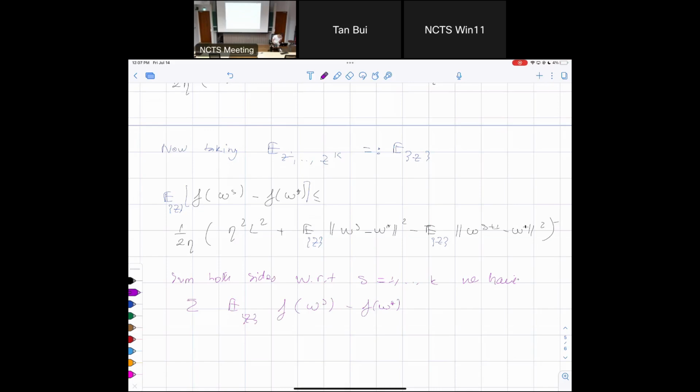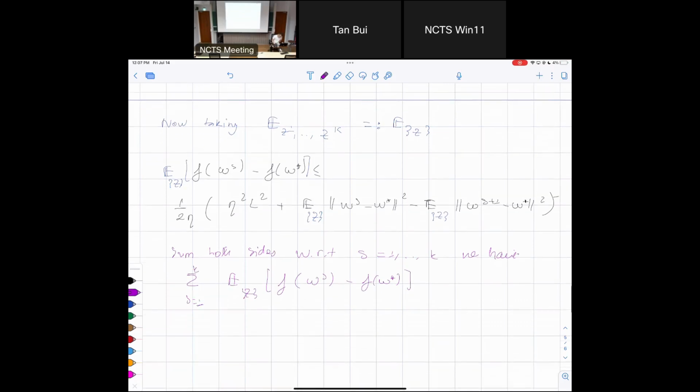Remember that W star does not depend on s at all. This is s from 1 to K. If we take the sum, then we have 1 over eta, and this term up here is K times, because it's a constant, so K times eta squared L squared.